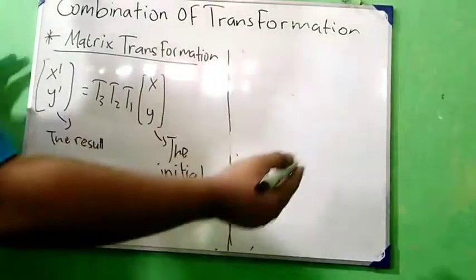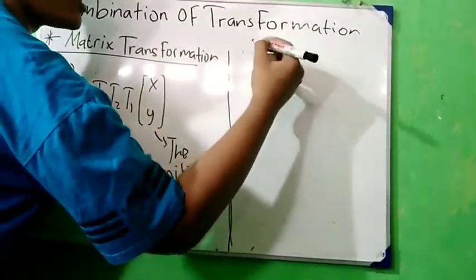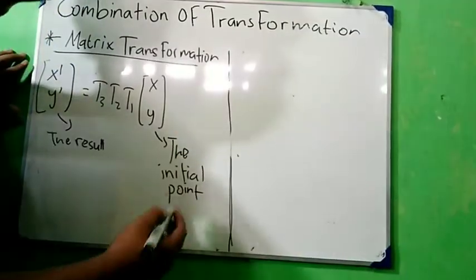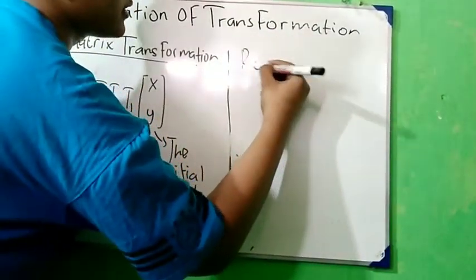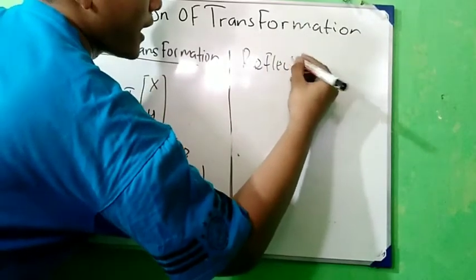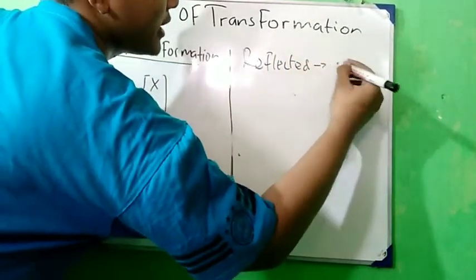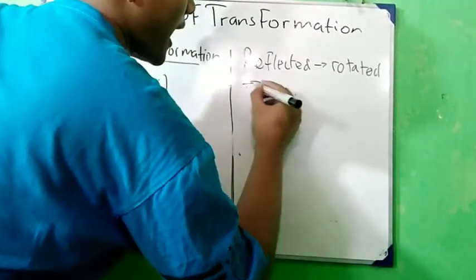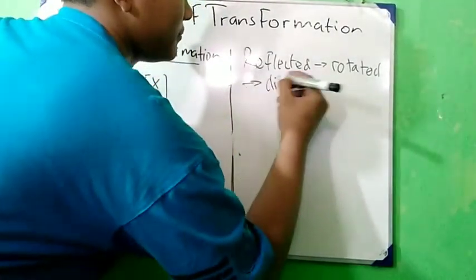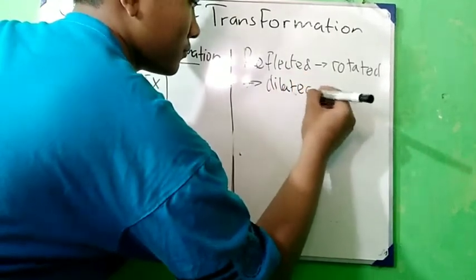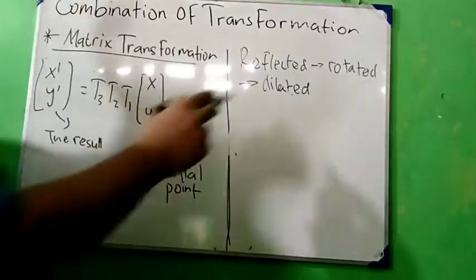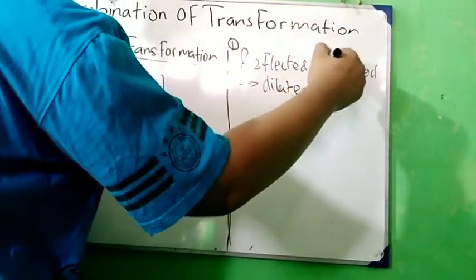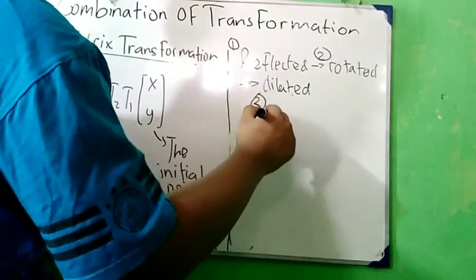So, for example, there is a question, a point A, it got reflected, and then rotated, and then dilated. So this is the first process, right? This is the second process, and then this is the third process.